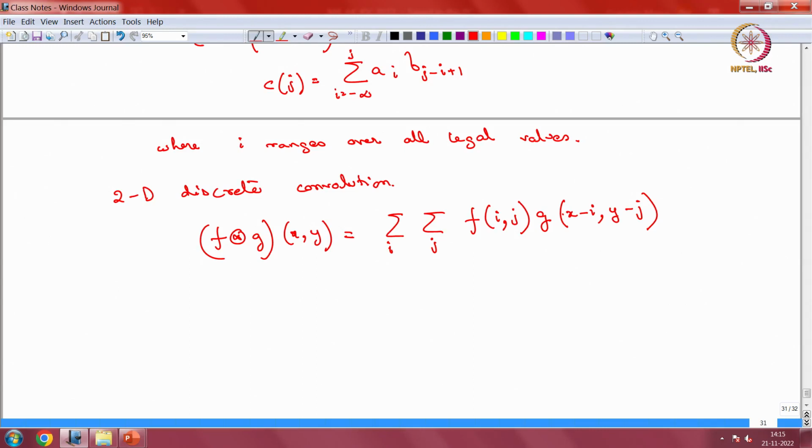Now, as we suggested earlier, we are interested in matrices because we are interested in images.